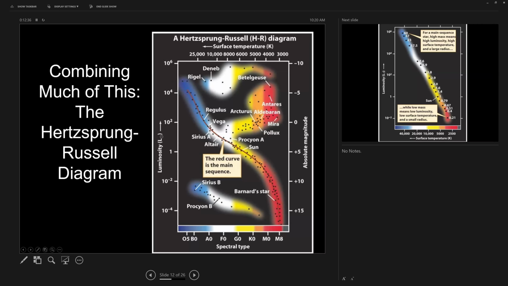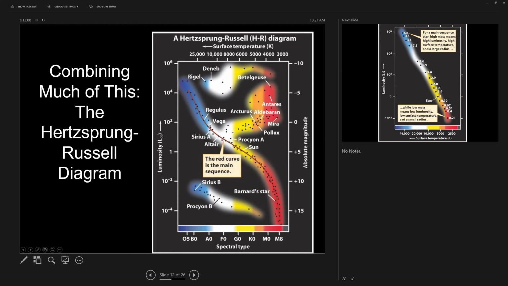Okay, humans do a better job analyzing stuff when it's in a graphical form sometimes. And so astronomers started doing this in the early 20th century, and they made these graphs, HR diagram or a Hertzsprung-Russell diagram, after two of the astronomers who were pioneers in making these types of graphs.